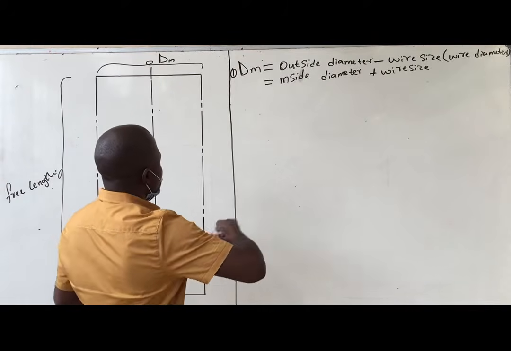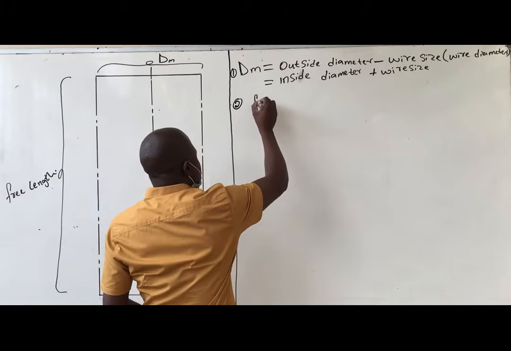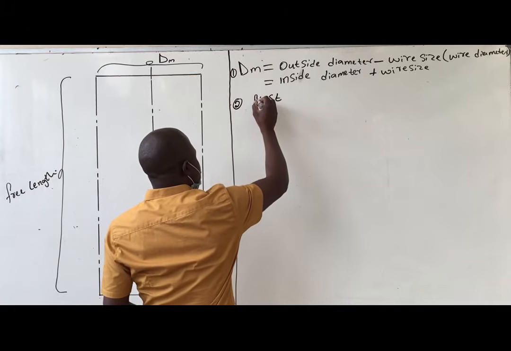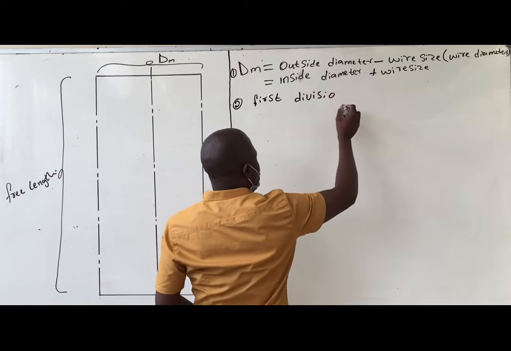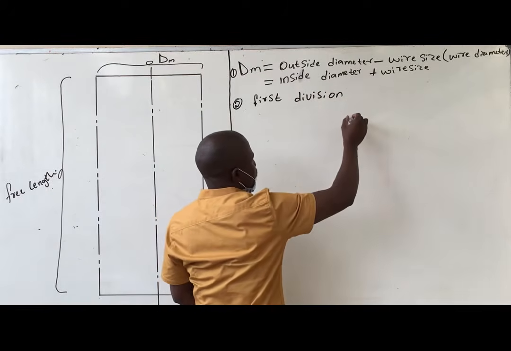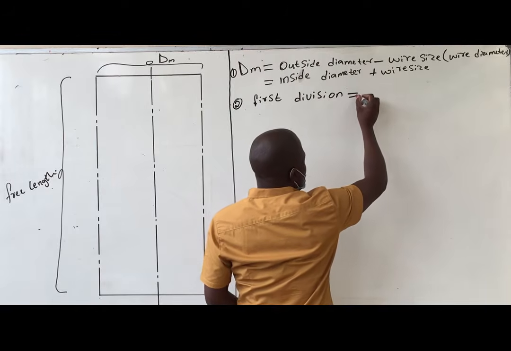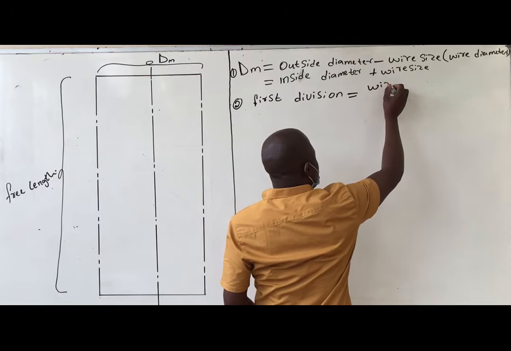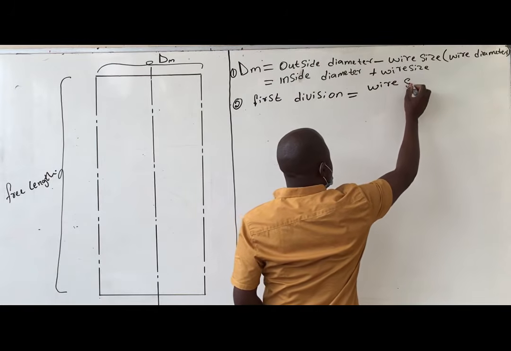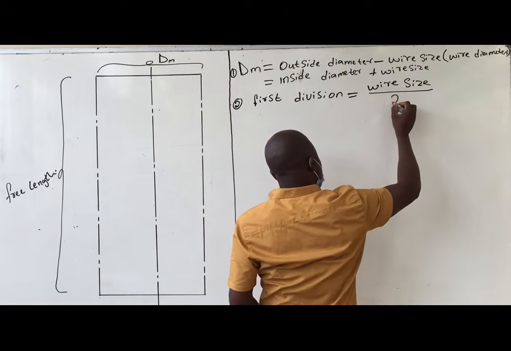So number 2. First division is equal to wire size divided by 2.